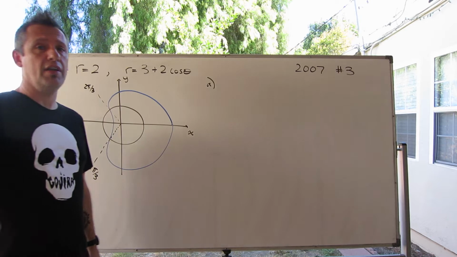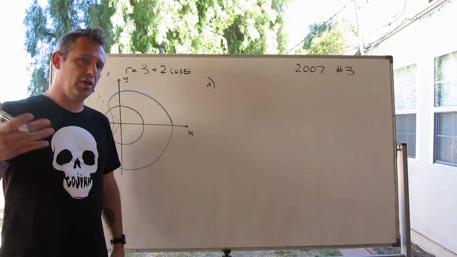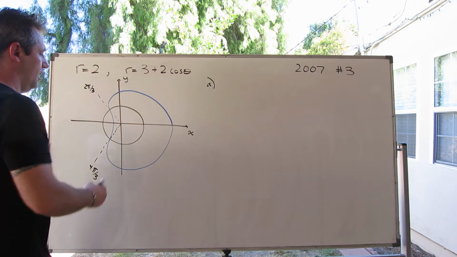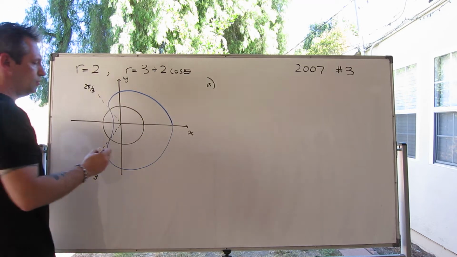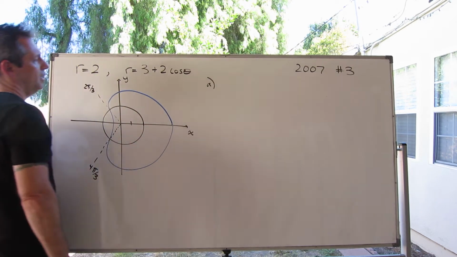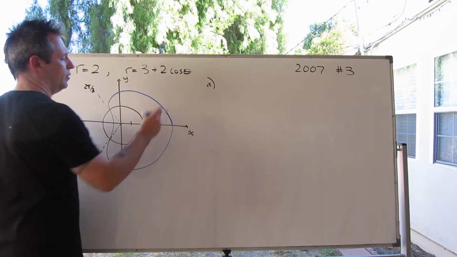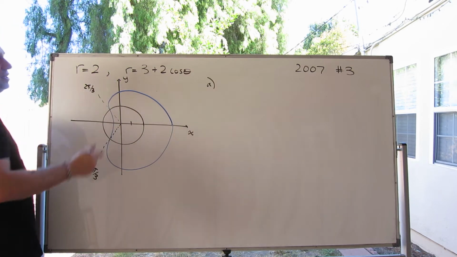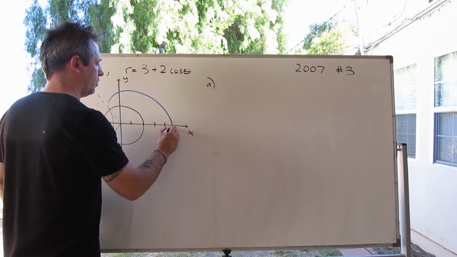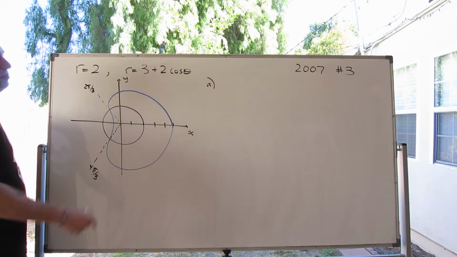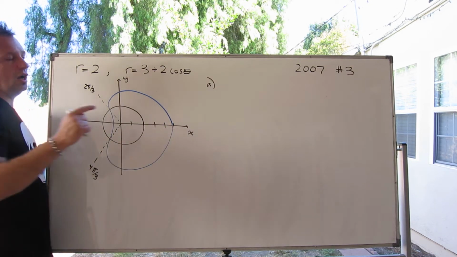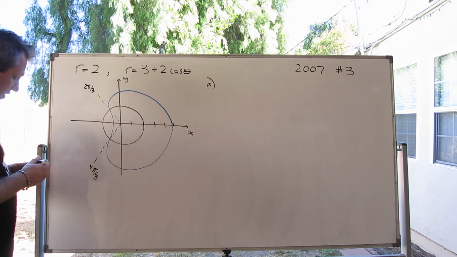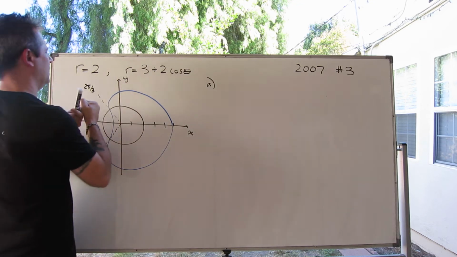I don't believe they provide a scale on their axis, but you could figure out what this is. This is a circle of radius 2, so 1, 2. If you were to plug in theta equals 0 into this, you would get that r equals 5, so 3, 4, 5. That's the biggest r ever gets for the blue curve, which is this one, the cardioid.